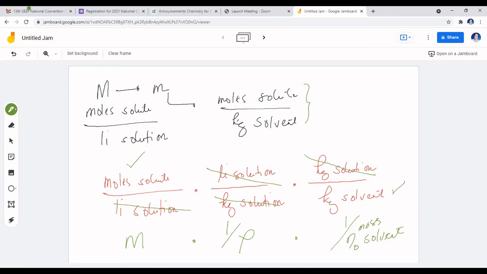This comes very handy, class, especially when you are given a problem and you don't know the formula to solve it. Students usually do dimensional analysis. I'll manipulate my units so that I end up with the unit that I want.